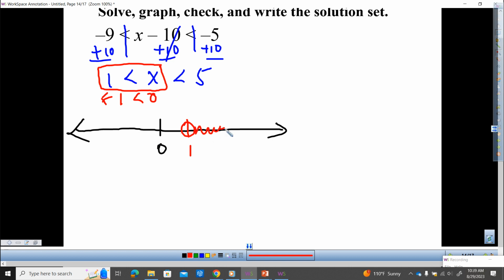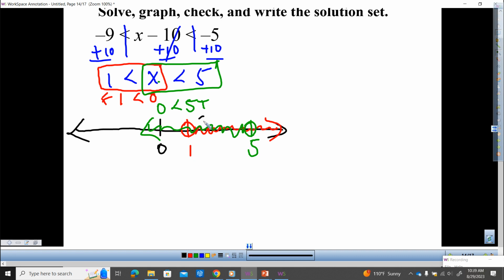I have to shade to the right. Next, the second part of the compound. My dividing point is 5. It's an open point because it doesn't have an equal sign. And I'm going to test 0 again for x. Is 0 less than 5? Yes, that is true. So I'm going to shade towards the 0.